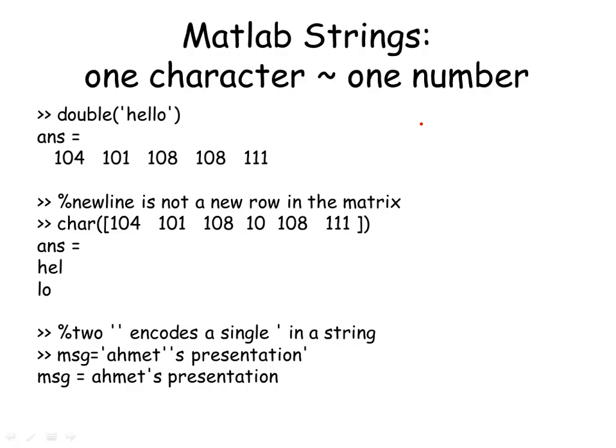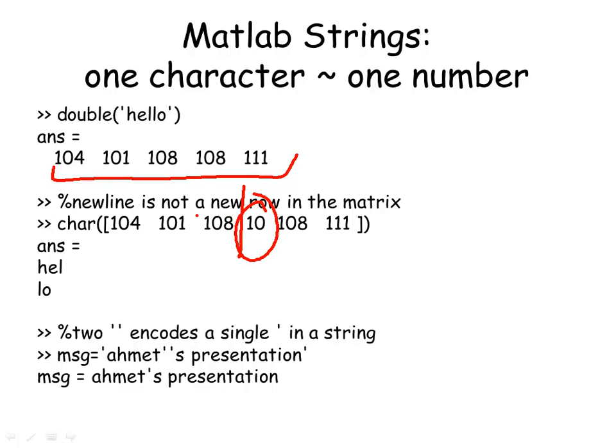All right. When you add a new line in a character string, it does not move the character string to a new row in your matrix, but when you print it, it will be displayed on the next line. So here I'm taking the word hello, and after the first 3 characters, I'm adding a new line character.